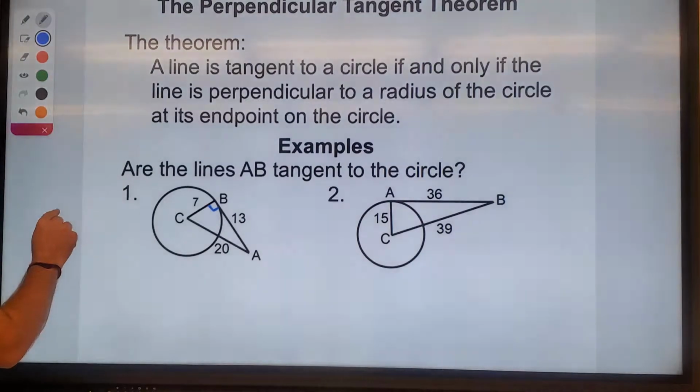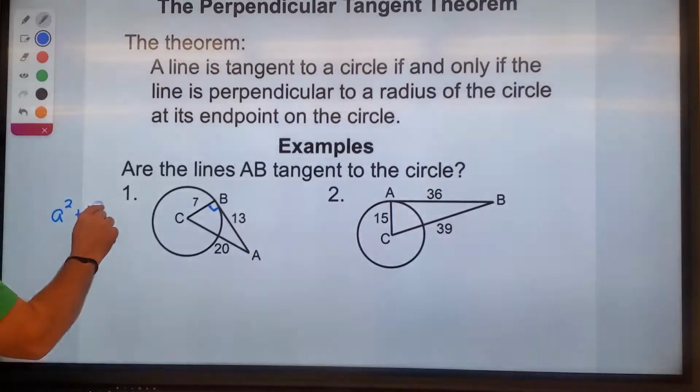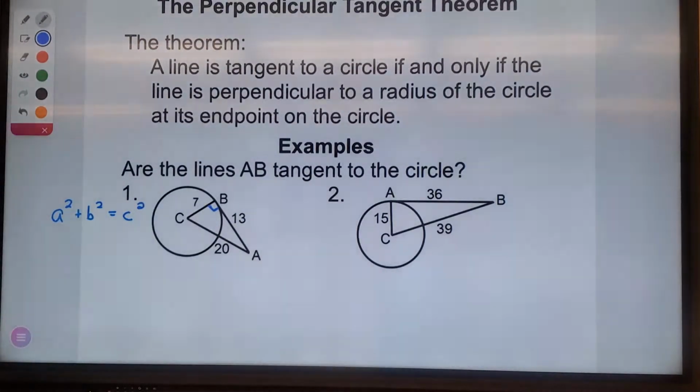So again, the Pythagorean theorem is a squared plus b squared equals c squared. It's important that you plug these into the correct letters and do this appropriately.